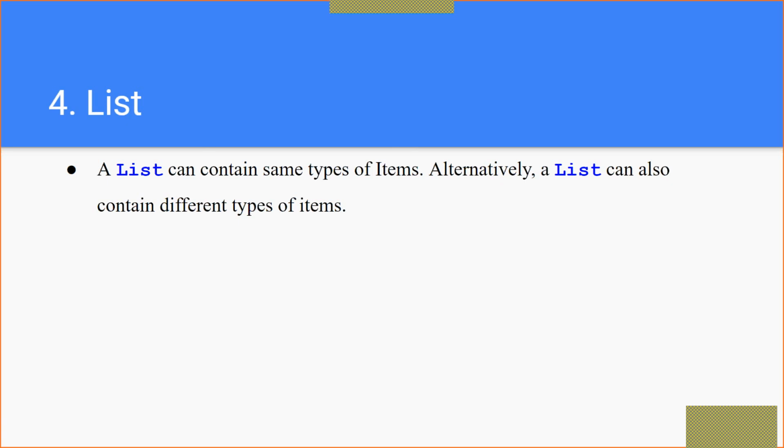This is not there in an array in C programming, because an array has only similar kinds of elements. In C programming, for different kinds of elements, we have another data type, that is the structure, right? But here we use the list for both similar as well as dissimilar elements. So this is the beauty of the list.